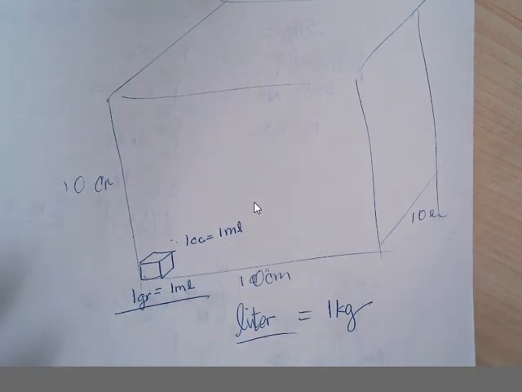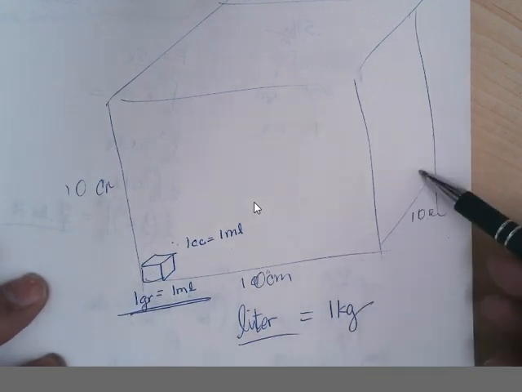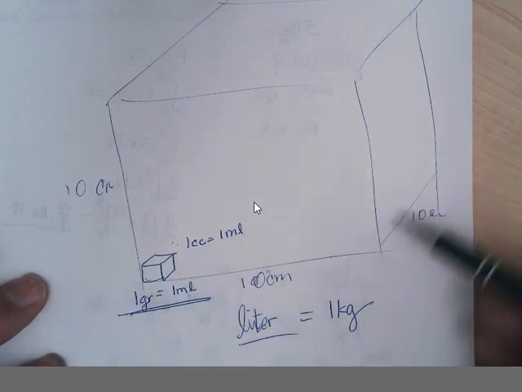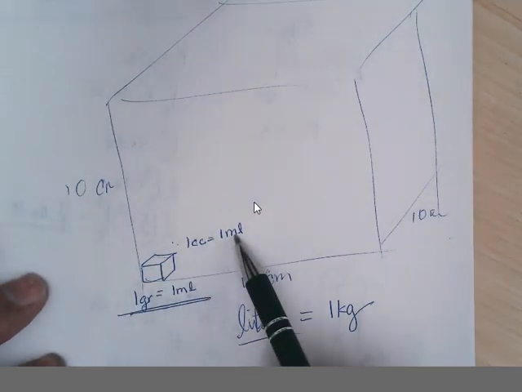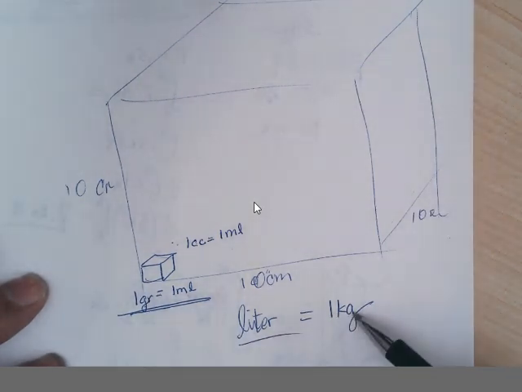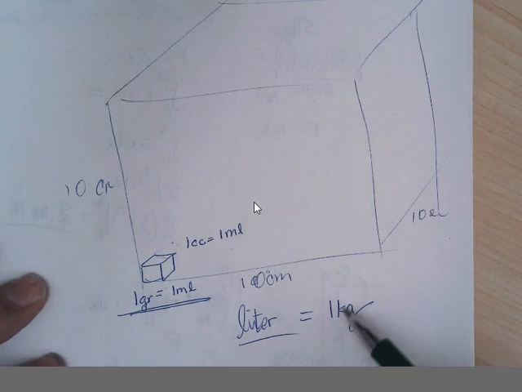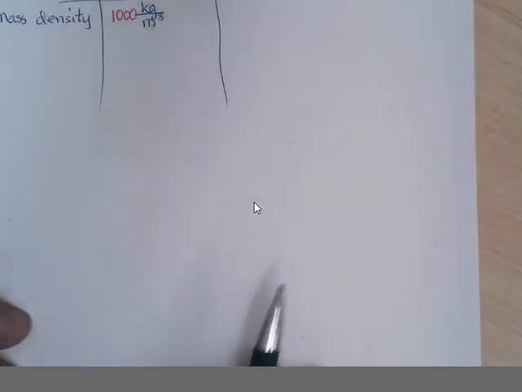It changes slightly, but that's pretty much the standard for what a gram is. And since there's 10 boxes this way, 10 that way, that's 100, times 10 is 1,000. There's 1,000 milliliters in a liter, and so if each milliliter is 1 gram of water, then a liter is 1,000 grams or 1 kilogram. And that's mass, not the weight. Okay?